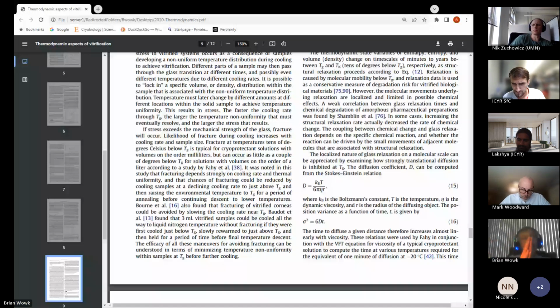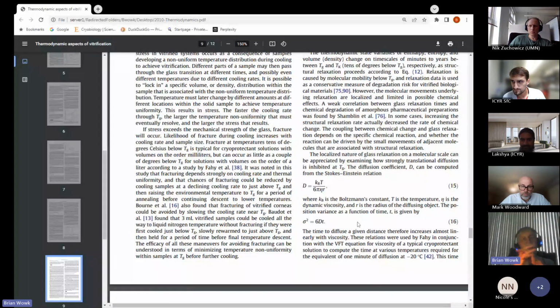Some years ago, Greg Fahy plugged in the viscosity of a cryoprotectant solution for vitrification as a function of temperature using the VFT equation.